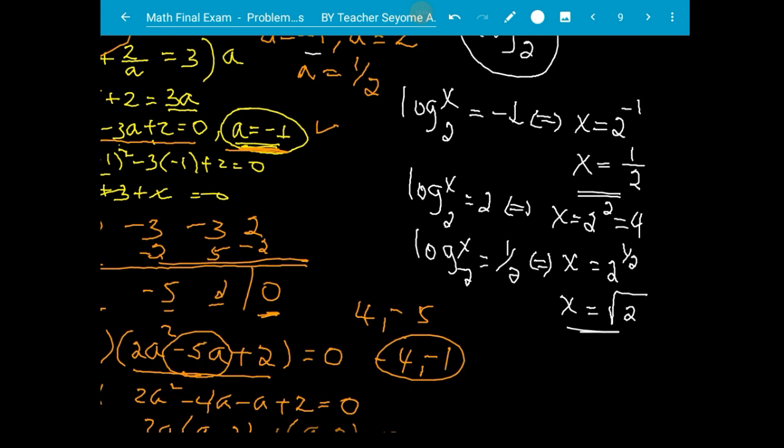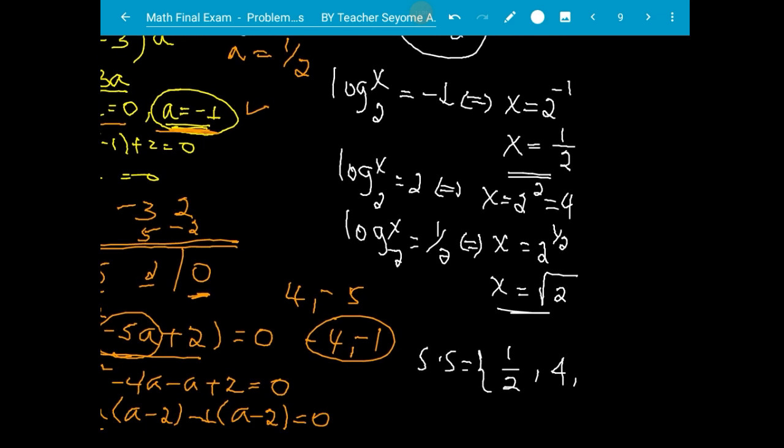So it has 3 solutions: the first one 1 over 2, the second one 4, the third one radical 2.